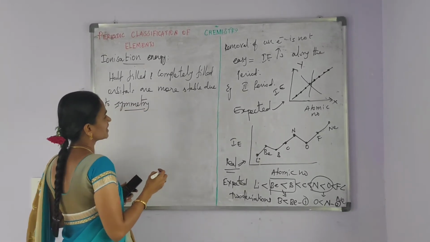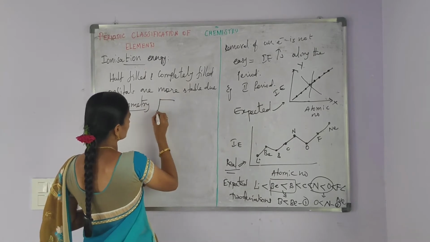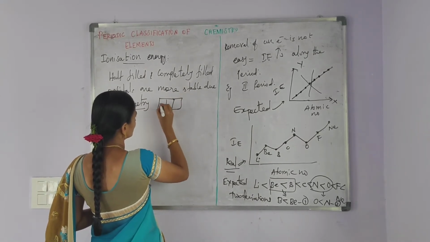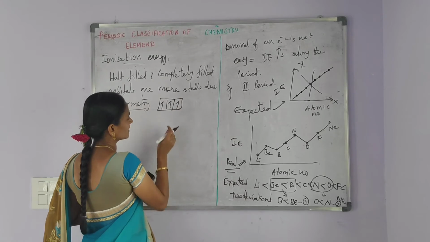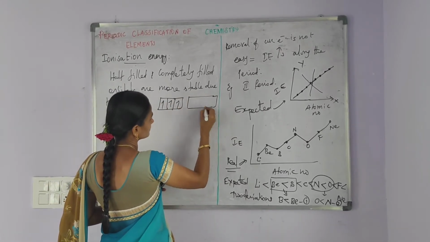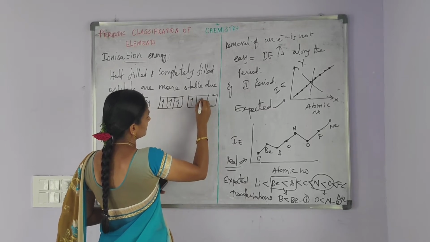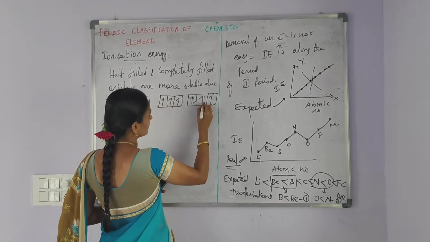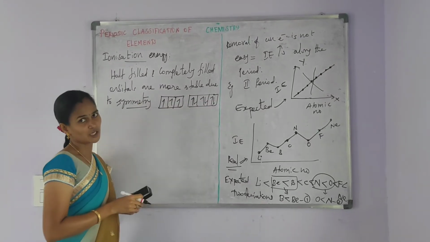Symmetry indicates the uniform distribution. This is an example for half-filled orbitals. And this is an example for completely filled orbitals.